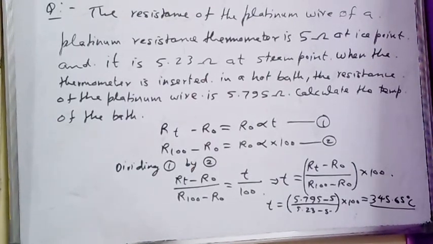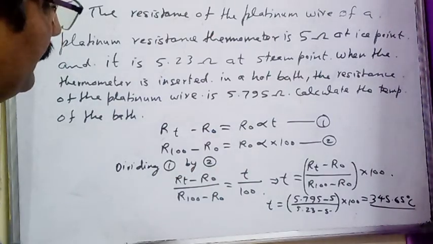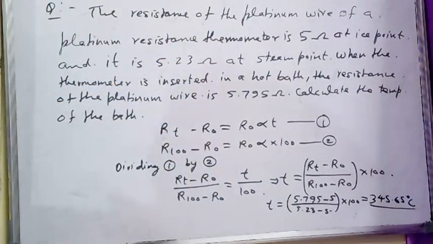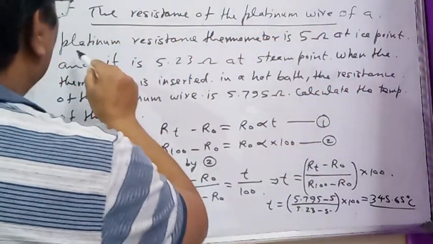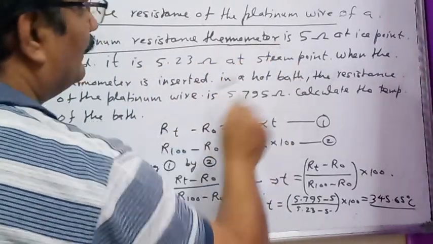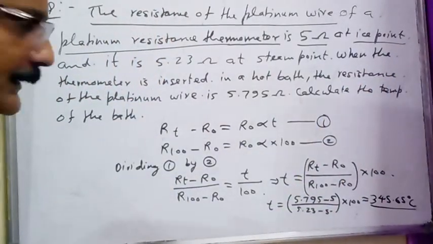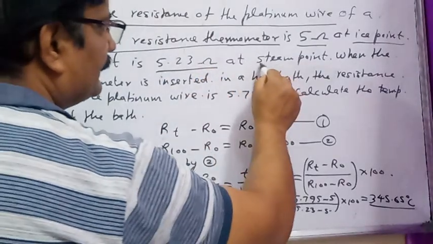So students, see, this is a numerical question based on temperature dependence of the resistance. This is an NCERT question given in the NCERT book. The question is: the resistance of a platinum wire of a platinum resistance thermometer is 5 ohm at ice point. Ice point means 0 degrees Celsius, and it is 5.23 ohm at steam point.